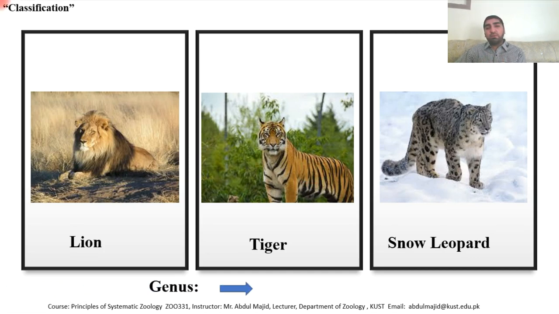So we place them in another genus group which is known as Panthera. So though lion, tiger, and snow leopard are different from each other, on the basis of similarities, we place them in one genus, that is Panthera.